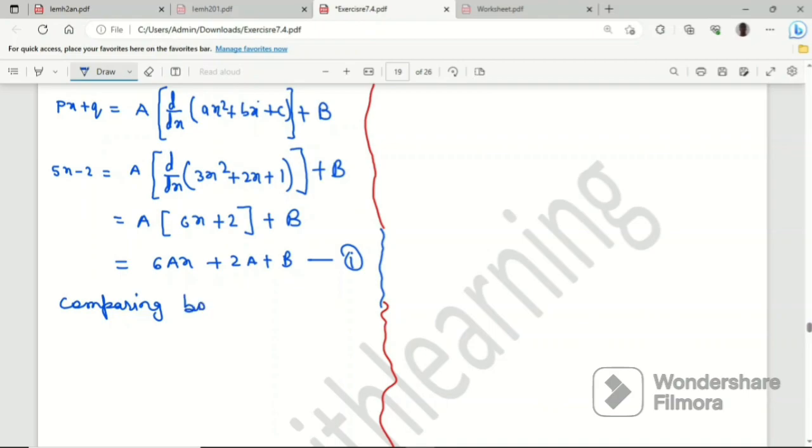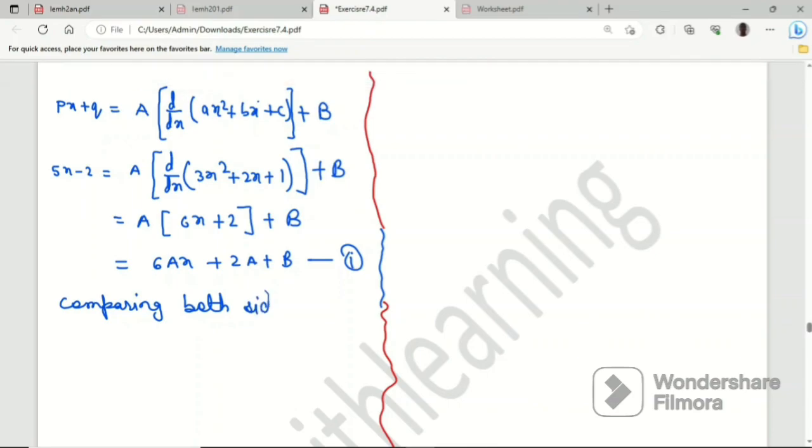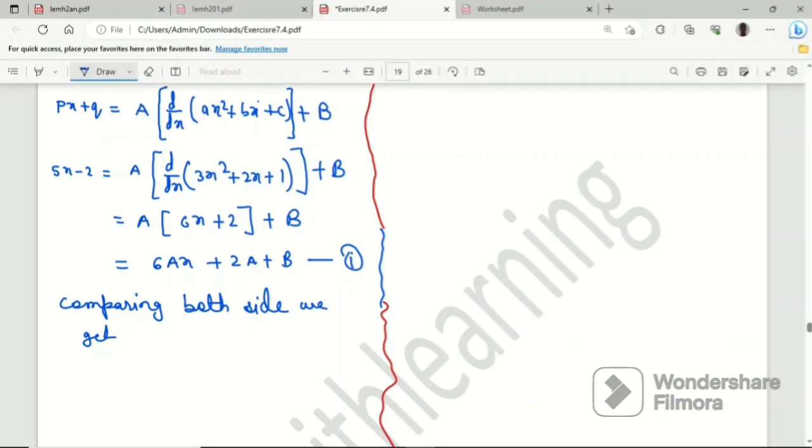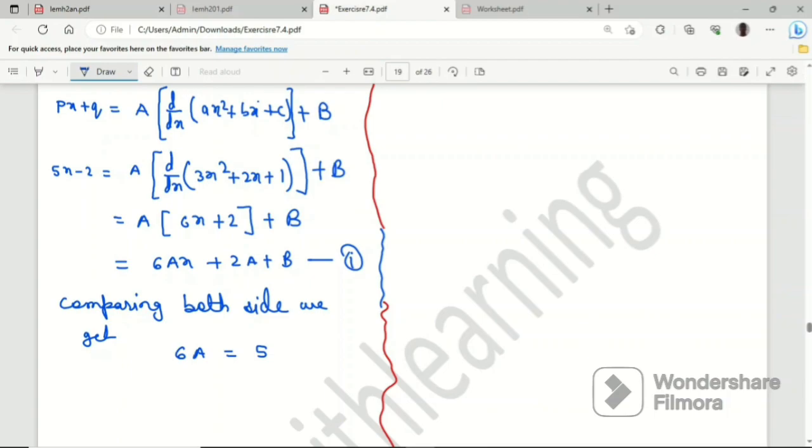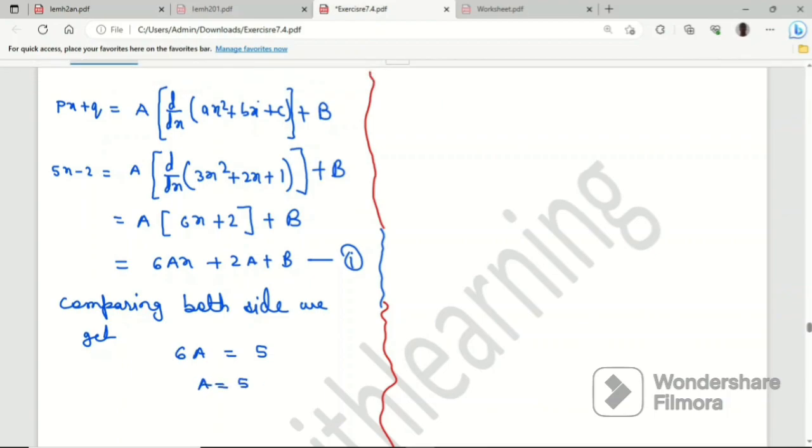Comparing both sides, we get the coefficient of x is 5 in LHS, and the coefficient of x in RHS is 6a. So I'll directly write 6a equal to 5. So a equal to 5 upon 6, I got.